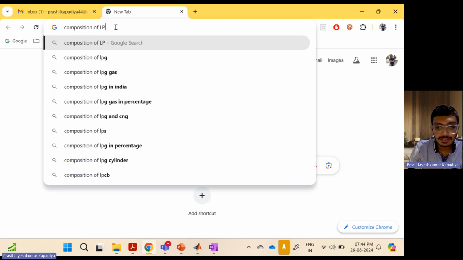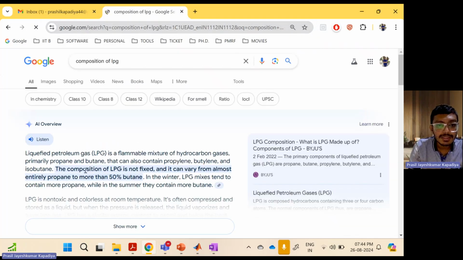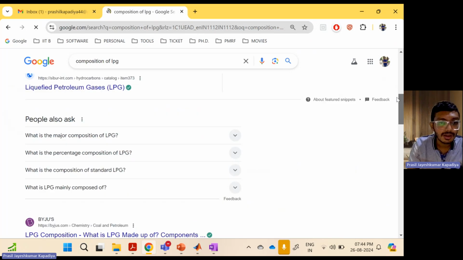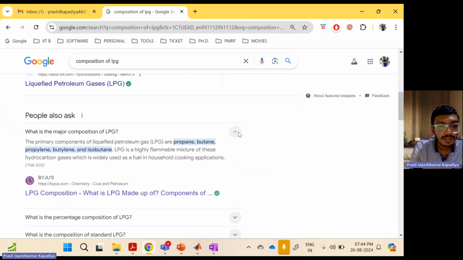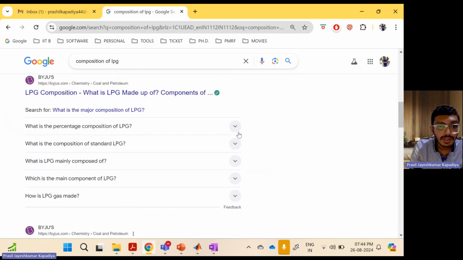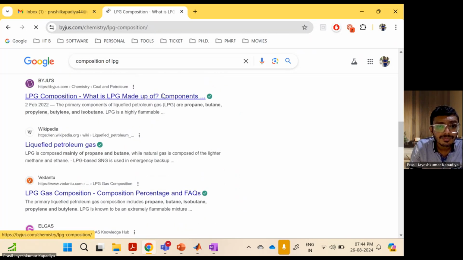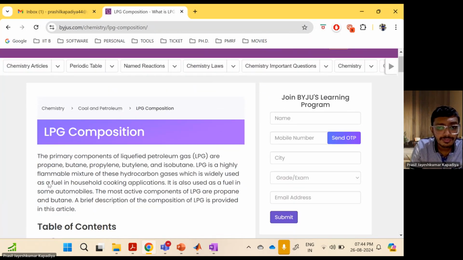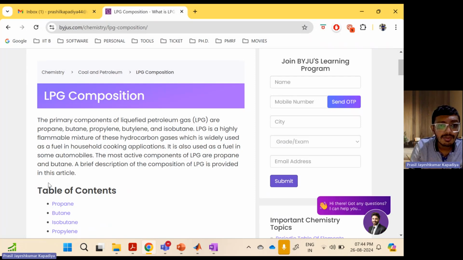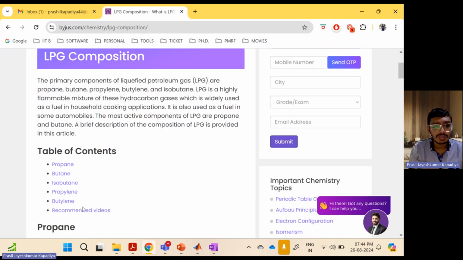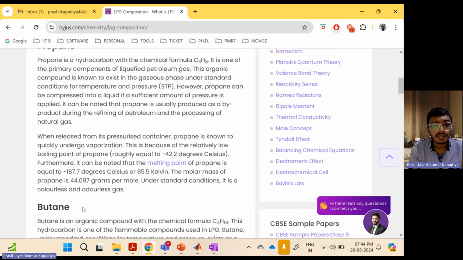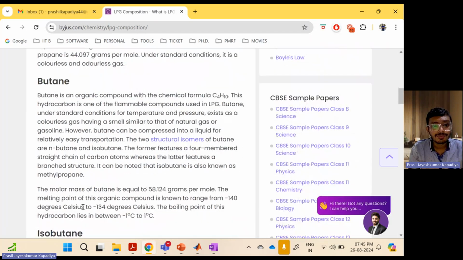of LPG. So LPG, okay, this is the ChatGPT answer or AI answer. Propane, butane, highly flammable mixture. Okay, I just want to see that percentage if they have given.